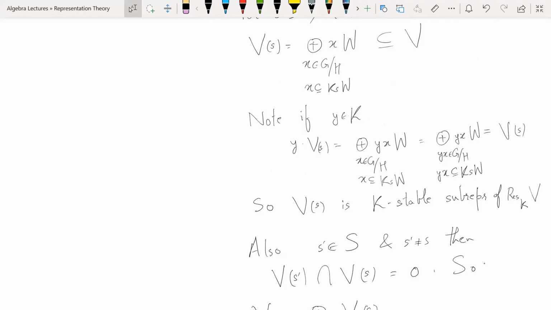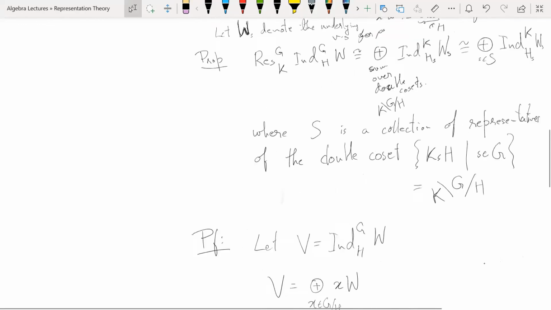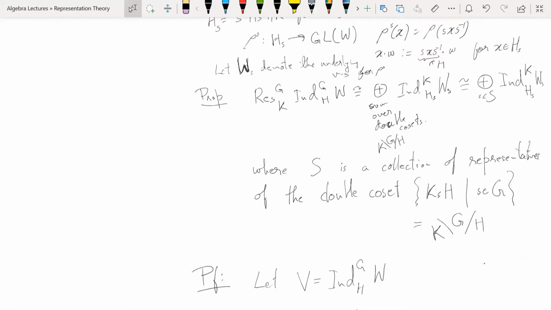Every left coset has to be in one of the double cosets.